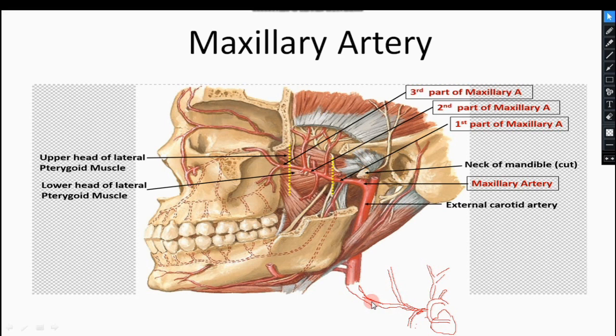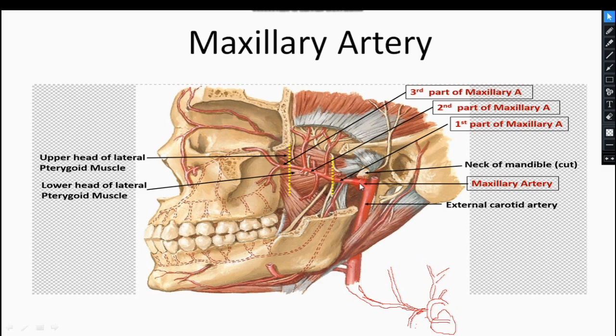Clear? So now you can see this is the external carotid. This external carotid further continues ahead, and at this point on the posterior aspect, behind the ramus of the mandible, you can see this external carotid artery giving a branch.